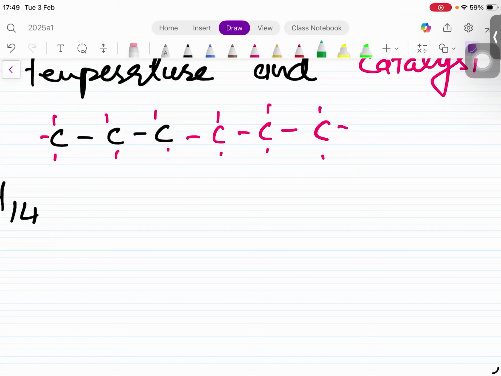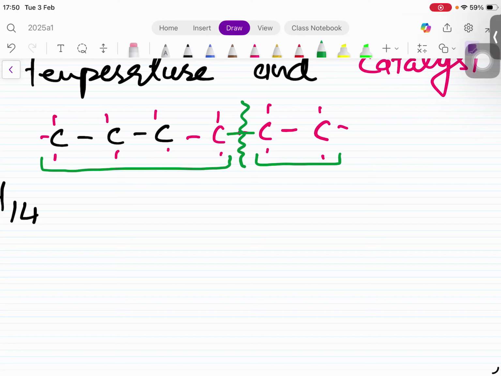For example, I'm going to crack it from this point. So how many fragments is it going to have? 2. One fragment containing how many carbons? 4. And the other fragment containing how many carbons? 2. I can crack it anywhere, by the way. But at this moment, I'm going to crack it into 4 and 2.